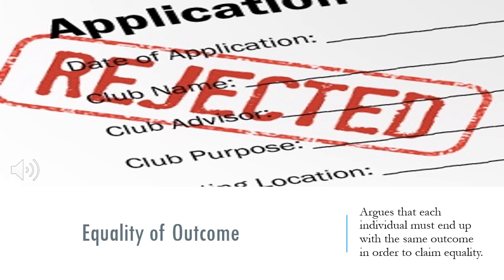It shouldn't matter what kinds of opportunities are presented to you, that we cannot really claim that we have reached equality until we can see that everyone gets the same resources at the end of the day. And so that is how the standard equality of outcome differs from equality of condition and equality of opportunity.